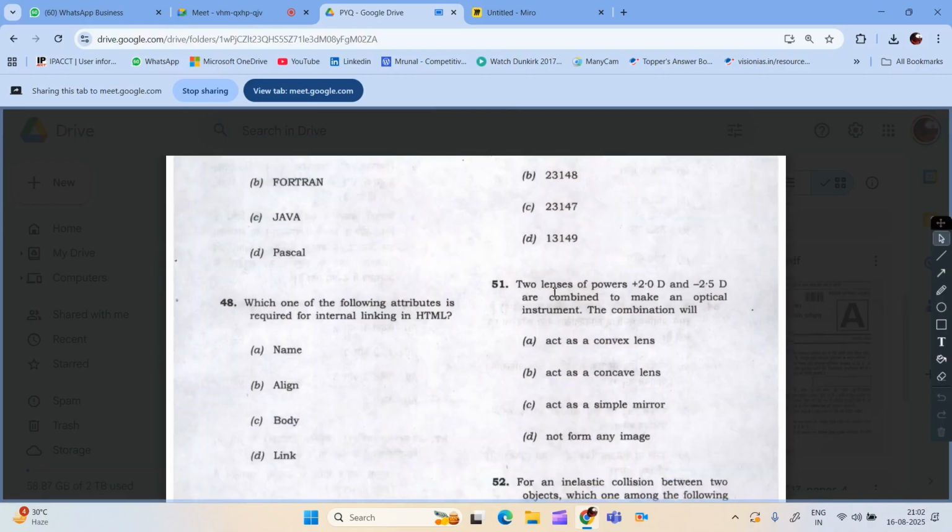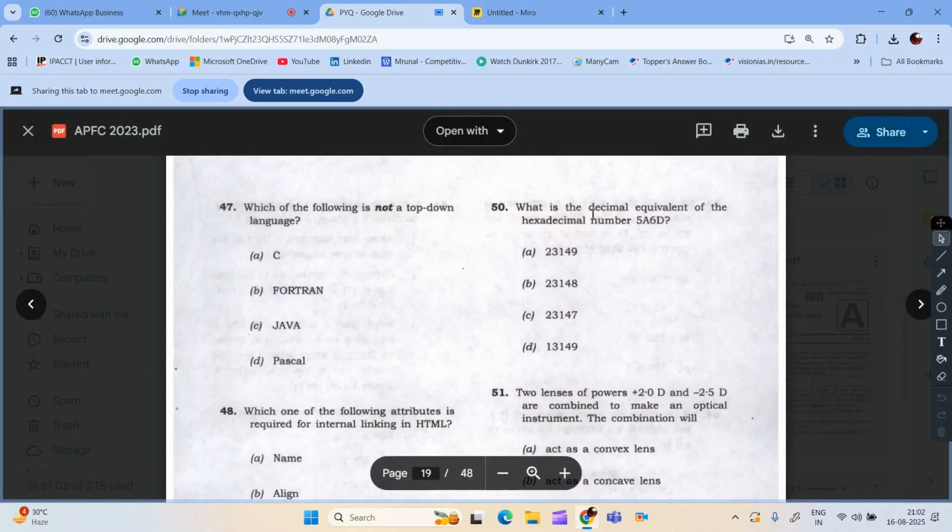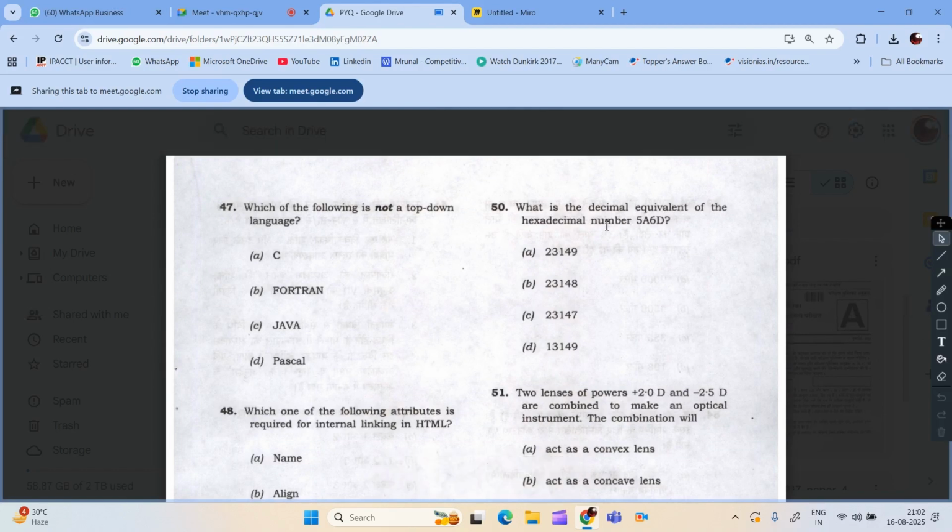See, what is the decimal equivalent of the hexadecimal number 560? That means you also need to learn the decimal to binary to hexadecimal, this sort of conversion. The type of questions that they have given is quite unique here.